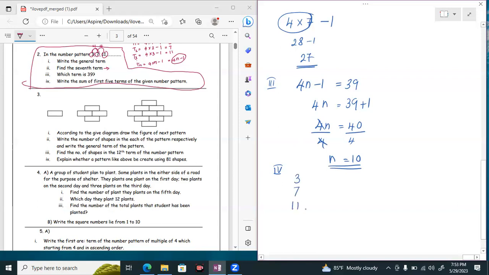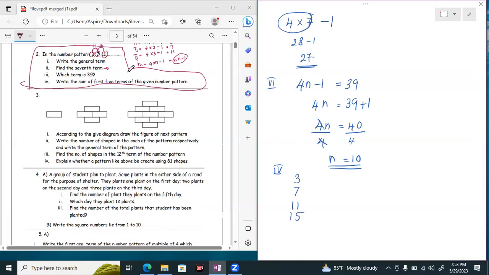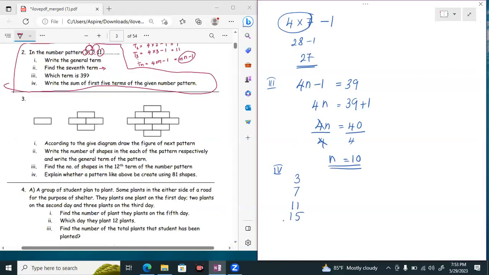What is the fourth term? It is 15, by adding 4 to the 11 we can obtain the fourth term. Then what is the fifth term? It is 19. Then add all these. It is 55.